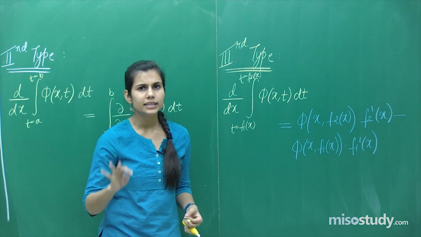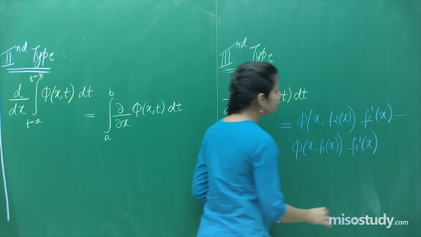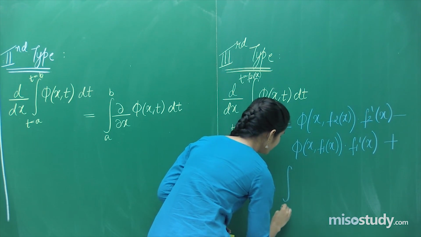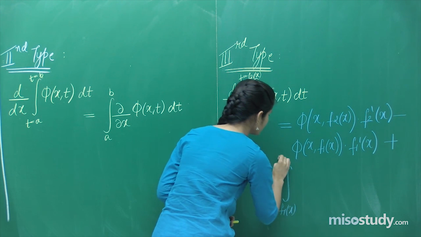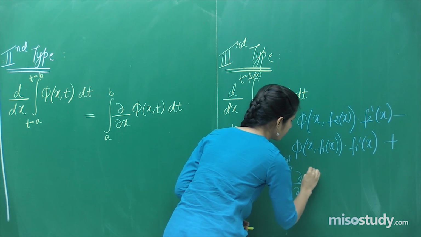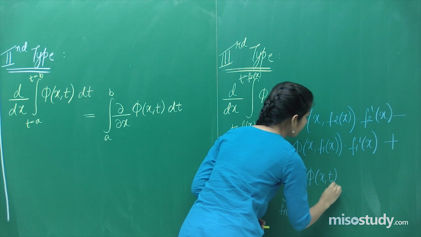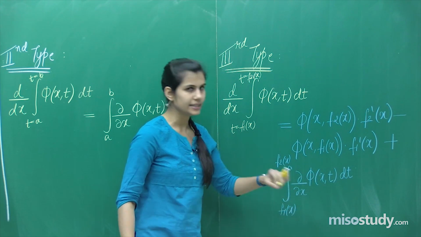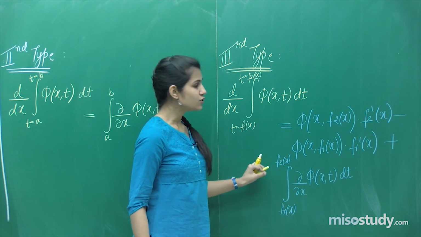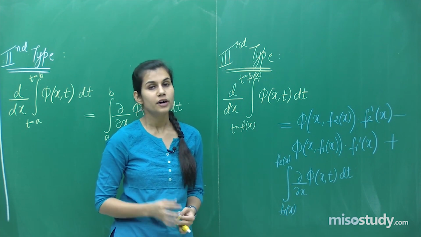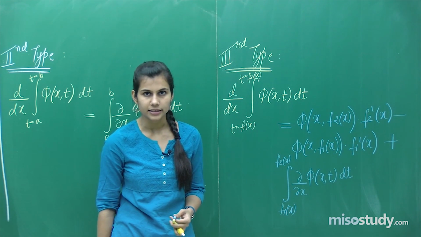Exactly the same thing which we did in the first type. Then what you do is plus the integral f1 of x to f2 of x, del by del x of phi of x comma t dt, what we did in the second type. And this happens to be the formula to compute such differentiation of functions inside the integral sign.